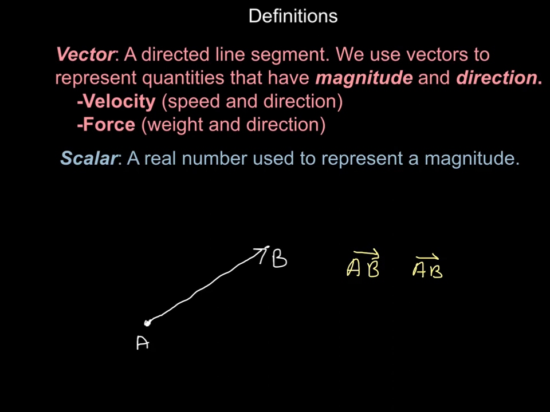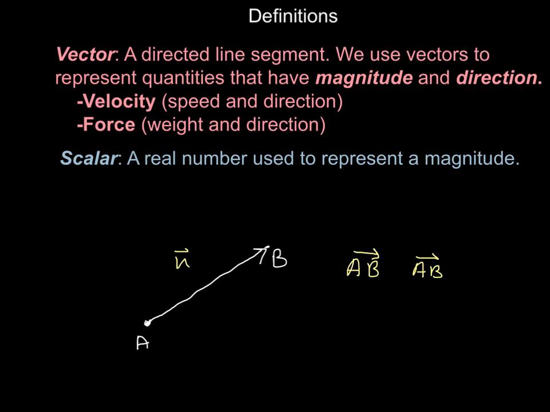Another way to do it, and this happens a lot in textbooks, is they'll use a lowercase letter and they'll make it boldface. In fact, in this video, you're going to see it shortly where I name vectors using bold type. You can't necessarily write that. So another way of writing this would be calling this vector u, and we'll put that little vector symbol, that little arrow above it.